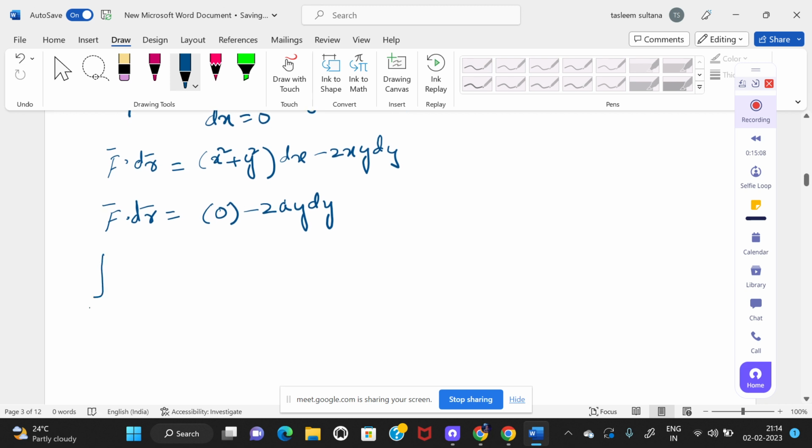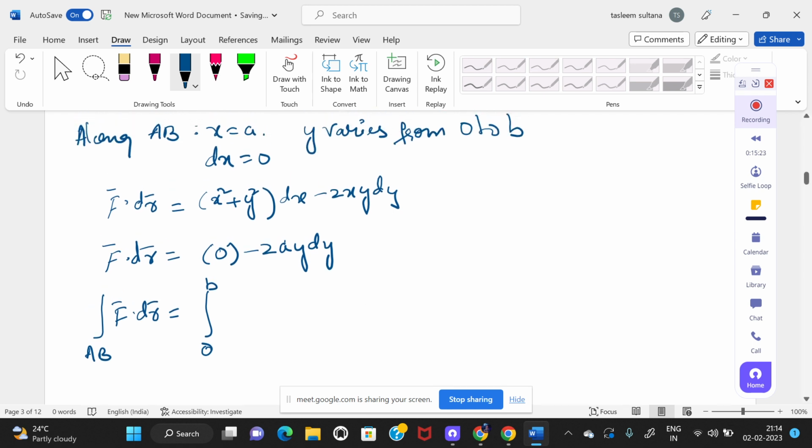Along with that ab, f vector into dr vector is equal to the integral from 0 to b. Here x value is equal to a, but the dx term will vanish, so only 2a because we are not substituting for y; we have to calculate for y only here.